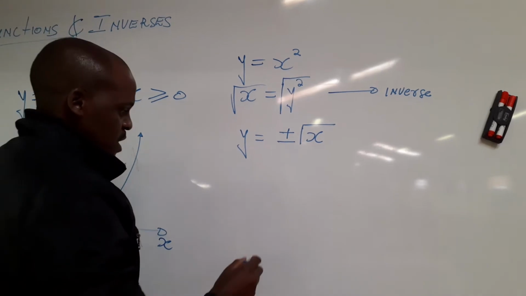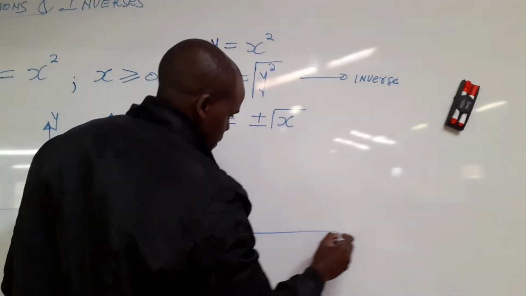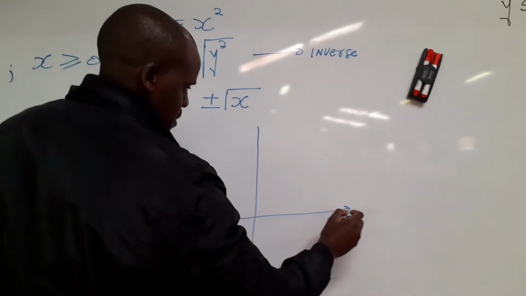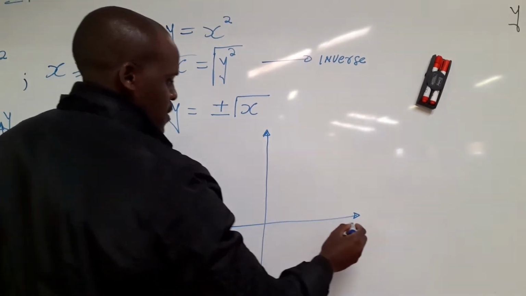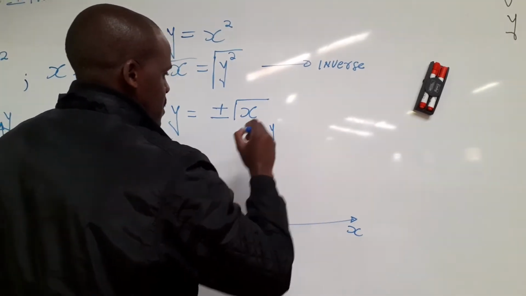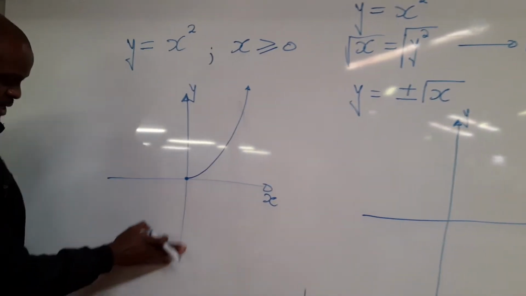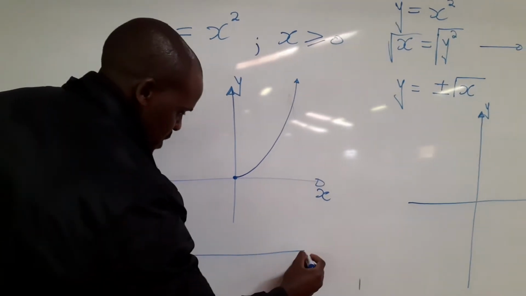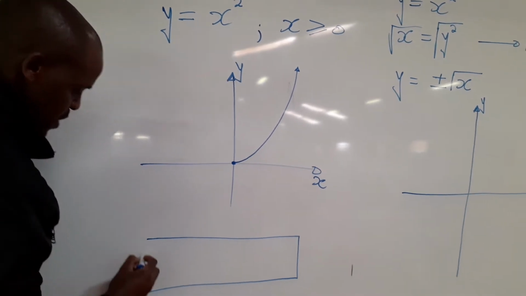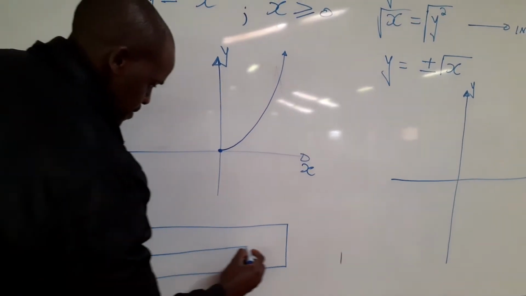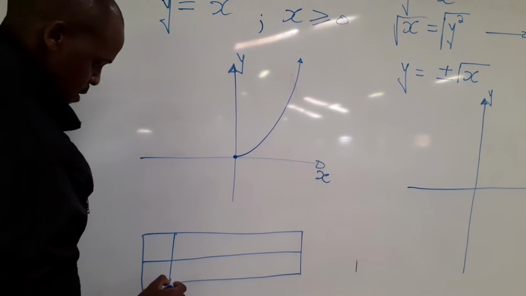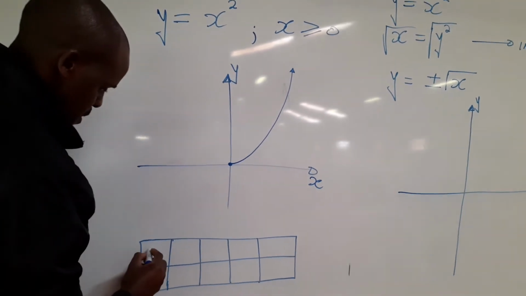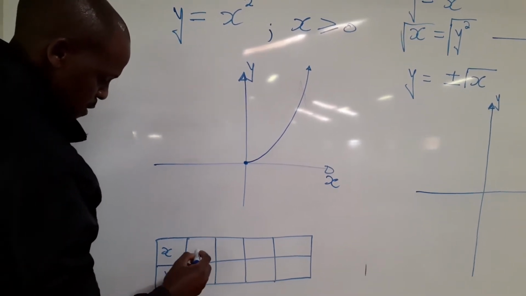Right. Let's sketch this graph. From this graph here, we are to sketch the inverse there. So let us find at least 2 points from this graph. We have x, y.